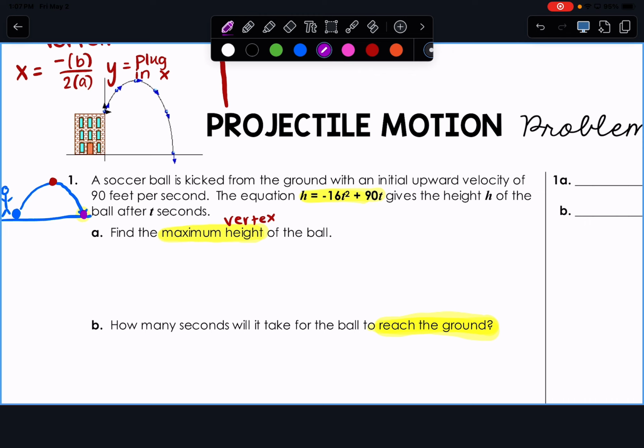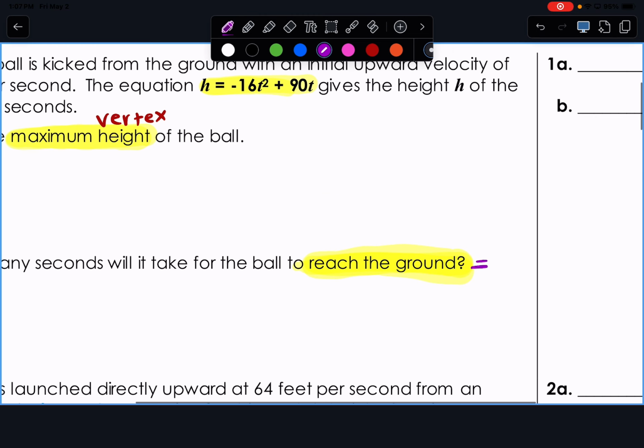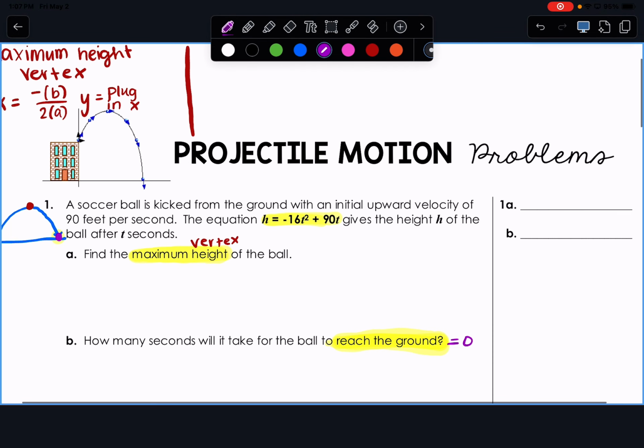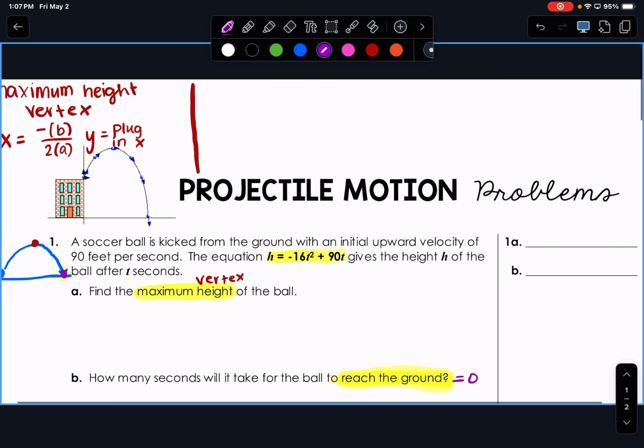So to find where it reaches the ground, we have to say where it equals 0. When it reaches the ground, we set equal to 0 and solve.